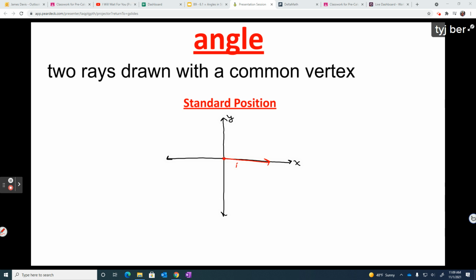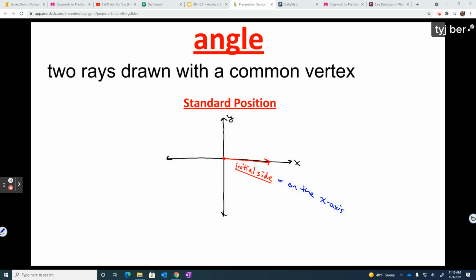This is called the initial side. And it's on the x-axis. So that's initially where we start.